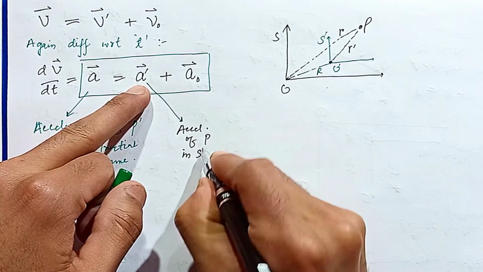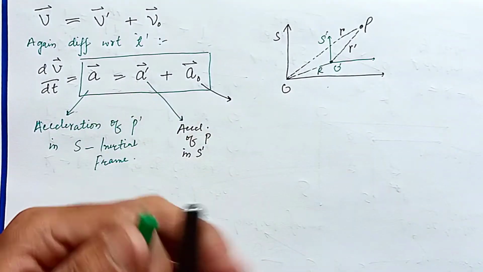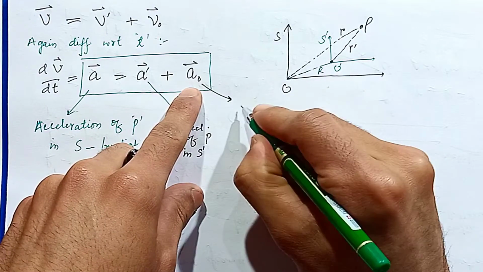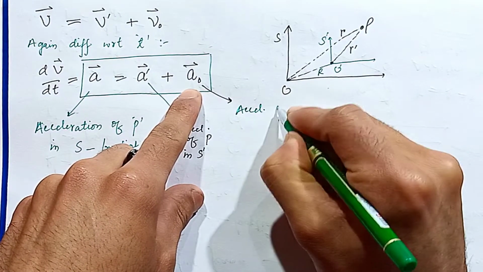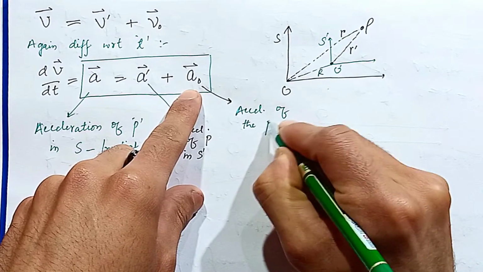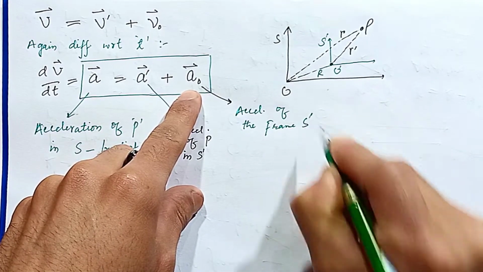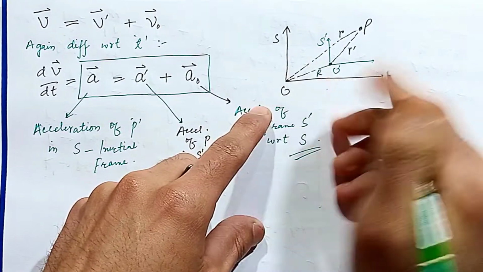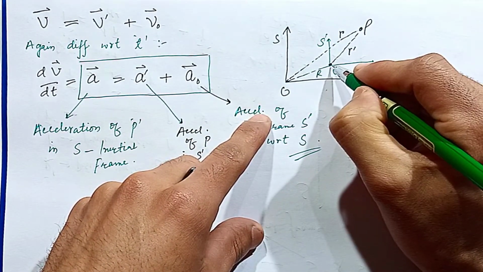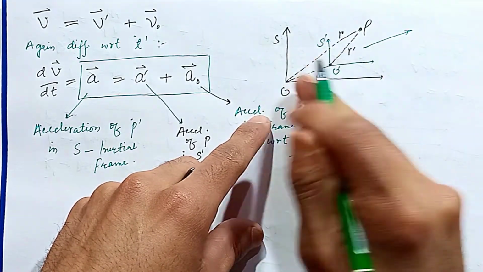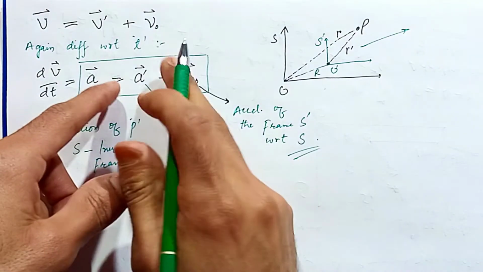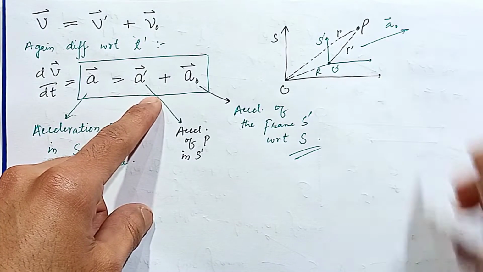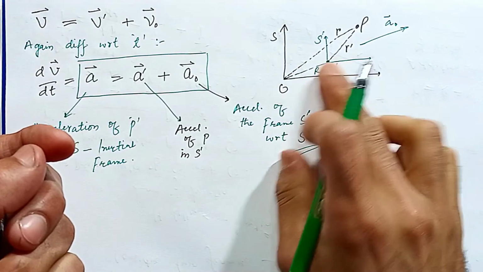And this a naught is the acceleration of the frame of reference S prime with respect to S, because this frame of reference is moving with respect to origin with some acceleration a naught. So it has an acceleration of a naught with respect to the origin.